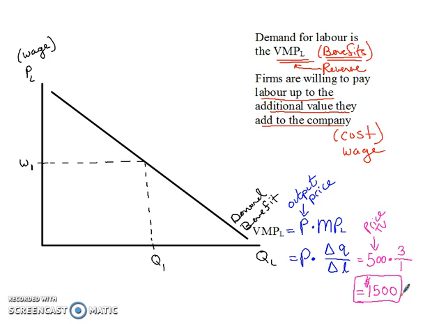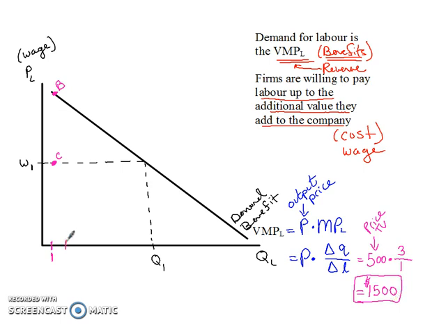So let's come back over here to our graph. Do I hire worker number 1? The answer is yes, because the benefit of hiring that worker, the value of the marginal product, is greater than the cost of hiring that worker, which is the wage. That's what's true in my example: the value of the marginal product, $1,500, was greater than the wage, say $500.